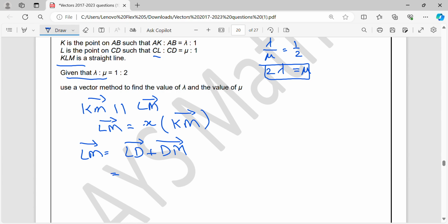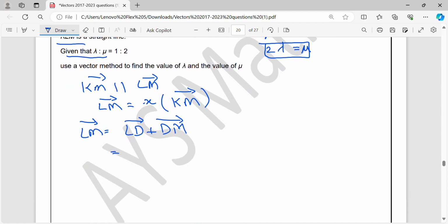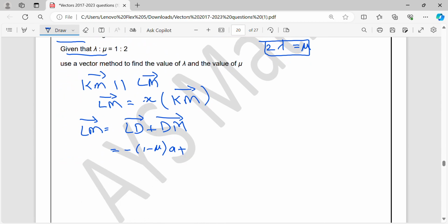LD is in the opposite direction because it's a parallelogram, and the position vector is 1 minus nu times a, so it would be minus (1 minus nu) a, and DM is 1/2 b.